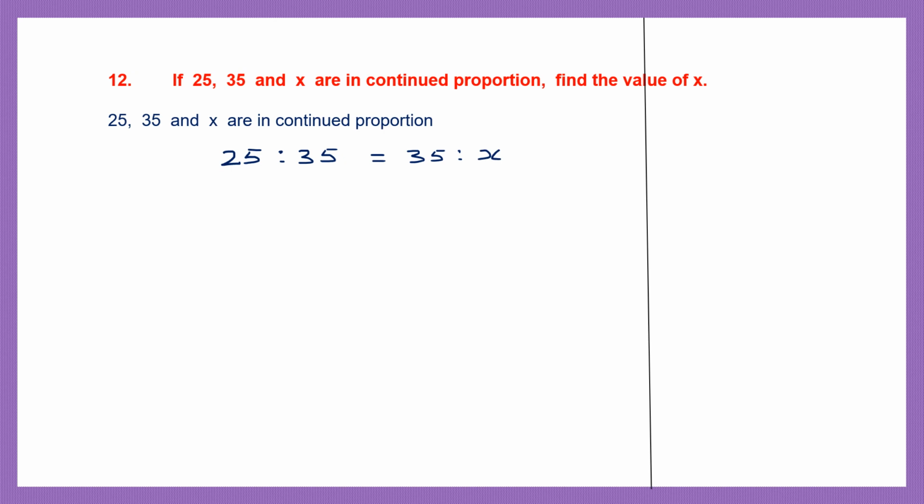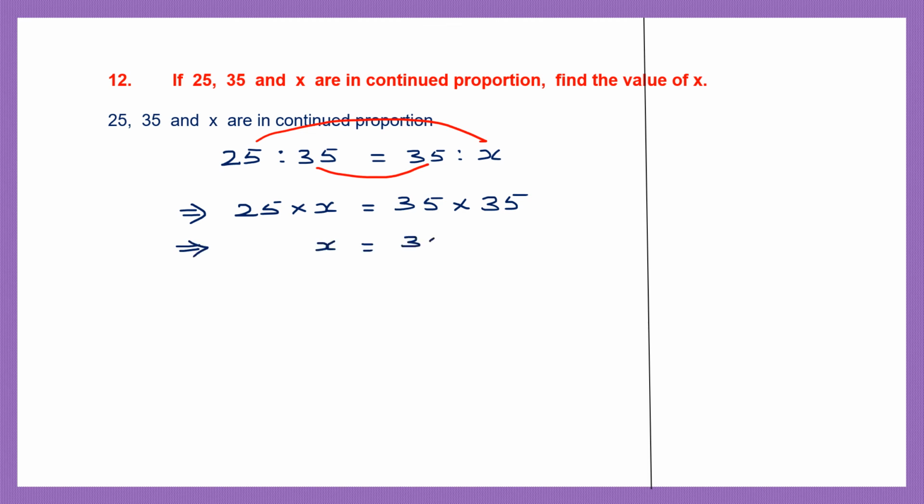Now, product of extremes is equal to product of means. So that means 25 into x will be equal to 35 into 35. So to find the value of x, we have 35 into 35 divided by 25.